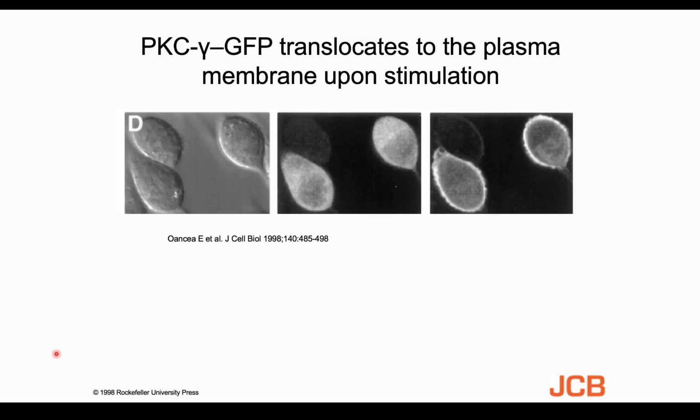We can see changes that occur during cell signaling if we tag proteins in live cells with fluorescent proteins that we can see. So in these experiments described from a publication in 1998, we see live mouse cells that are stuck to a slide.